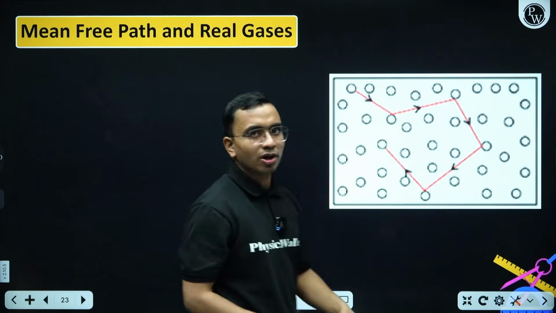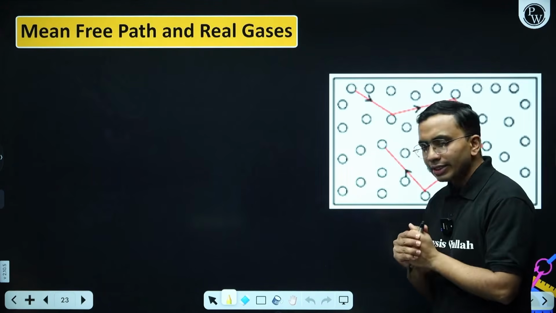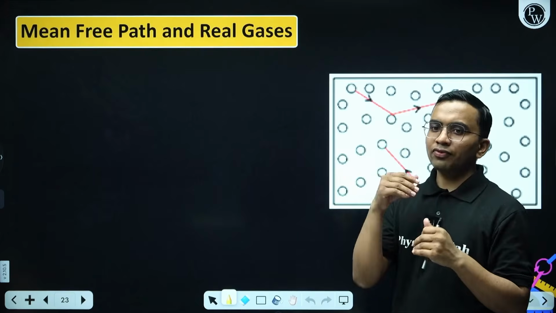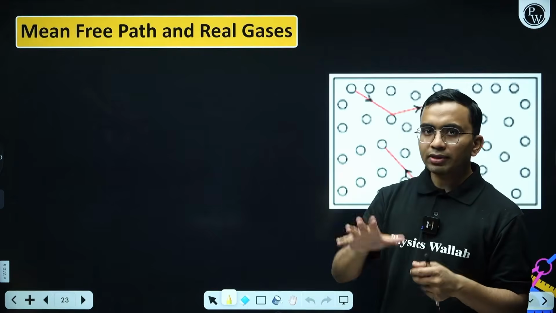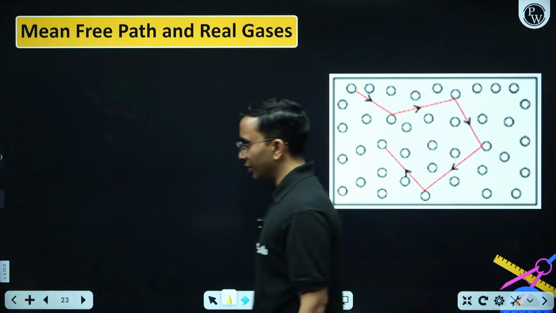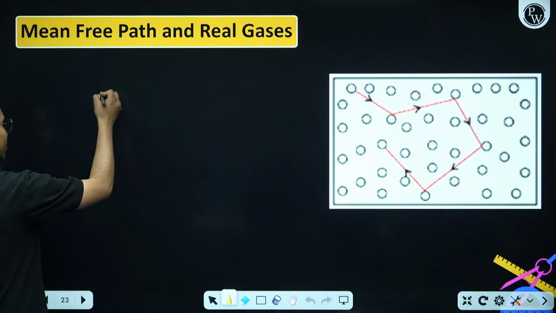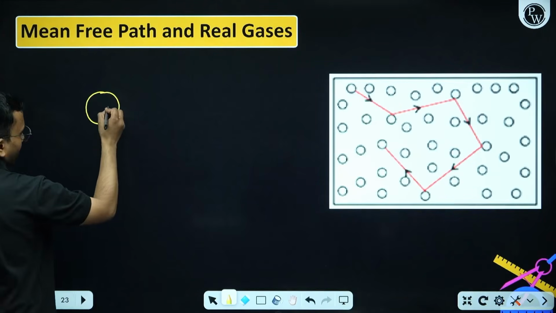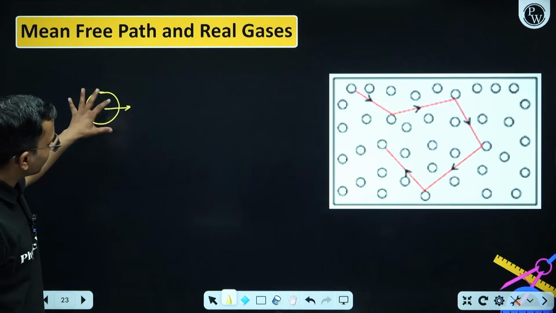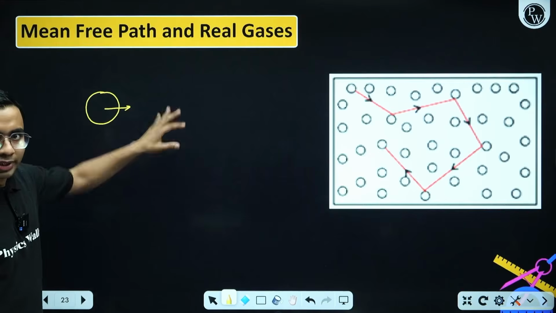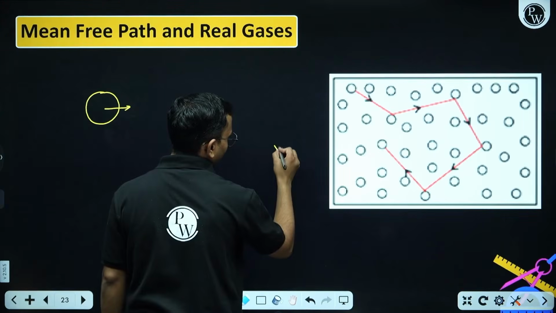Now let us talk about the mean free path. The mean free path is the mean of the free path, meaning the mean of the distance between two collisions. When a molecule is moving, in time t it covers some distance, V into t.